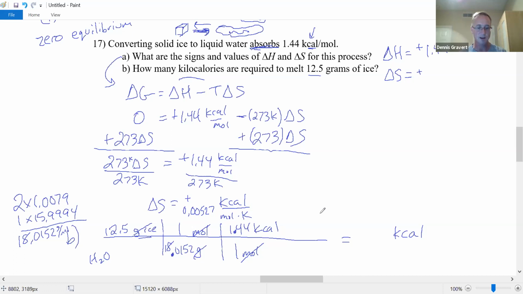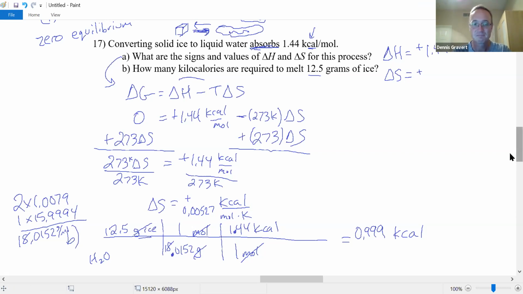So 12.5 times 1.44 divided by 18.0152. I got 0.9991. How many sig figs? 3. 0.999 kilocalories. There you go. That's how many kilocalories of heat energy, about one kilocalorie of energy to melt 12.5 grams.